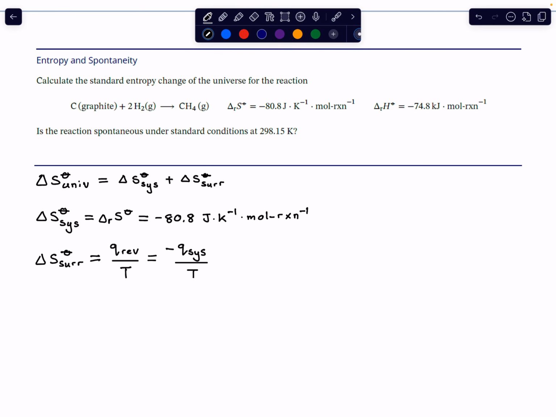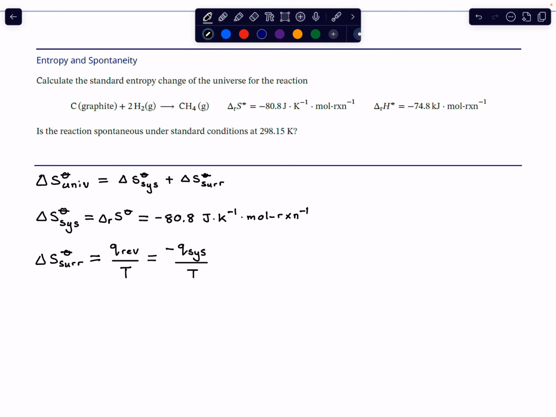If the system absorbs heat, the surroundings must give that heat. So the relationship between the system's heat and the surroundings' heat must be the inverse of each other, connected by being the negative.